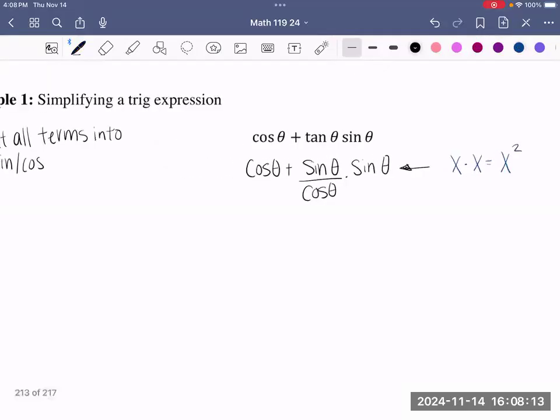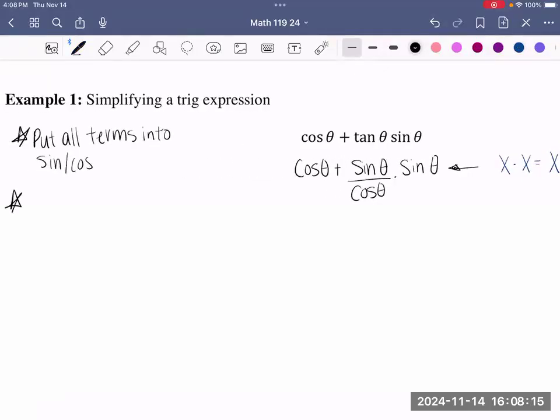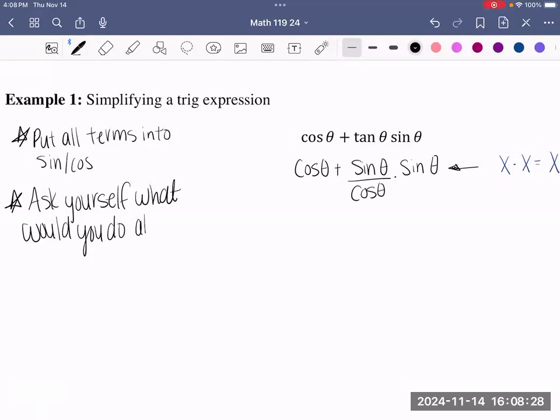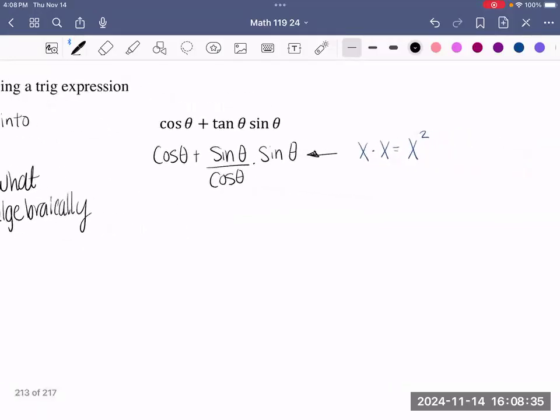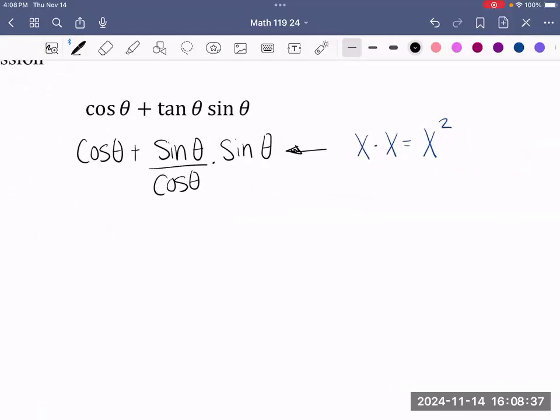So a lot of the time your next step would be to ask yourself what would you do algebraically? So if we have x times x, or sine times sine, we can combine those to make sine squared.